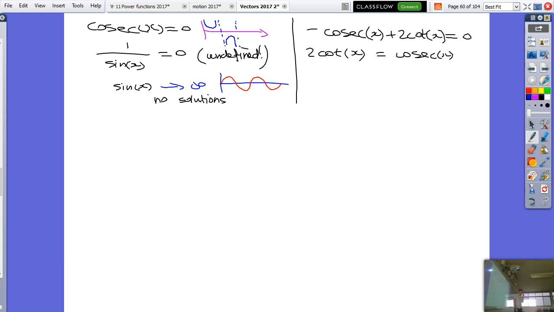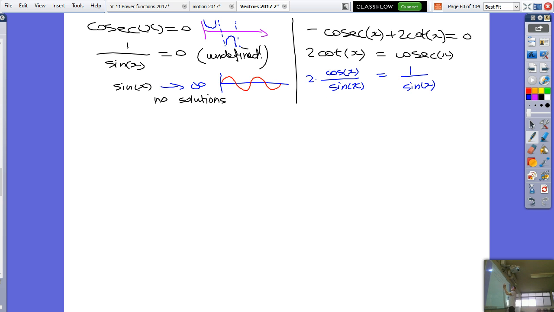Now, think about what we've done by doing so. Cot is cos over sine. Cosec is 1 on sine.